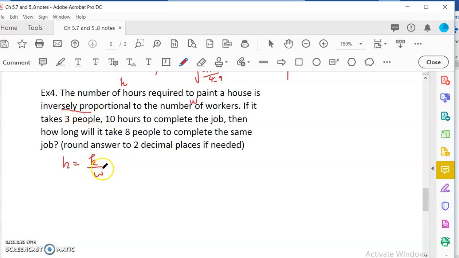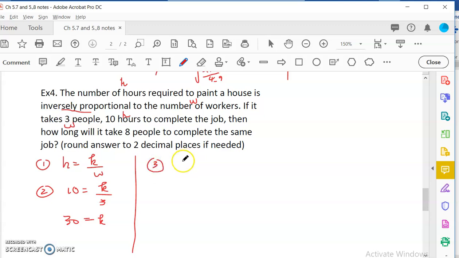Inverse, dividing. So this is the model. The second step is to solve for k. If it takes 3 people, that means 3 is w, and 10 hours is h. So we have 10 equals k over 3, right? If you solve it, k is 30.